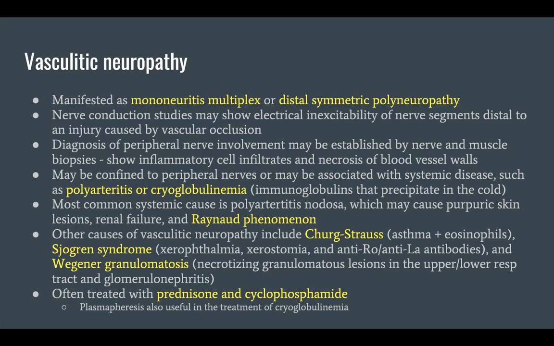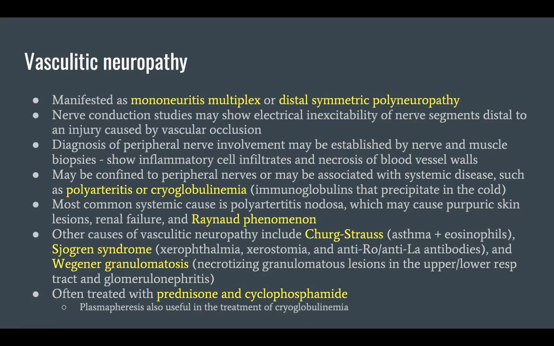So remember in hematology in the first block, you learned about the warm and the cold immunoglobulins that people sometimes have anemias with. So same thing. This would be a cryoglobulinemia. These words are hard.